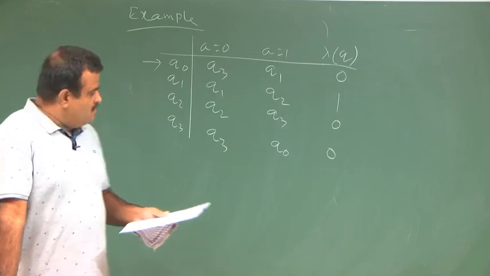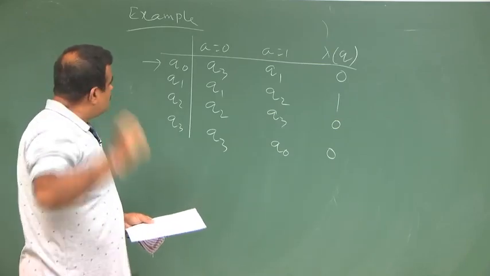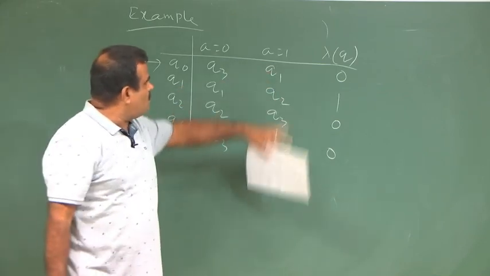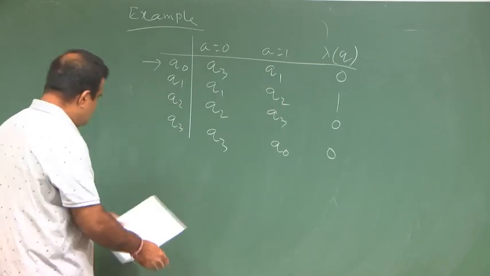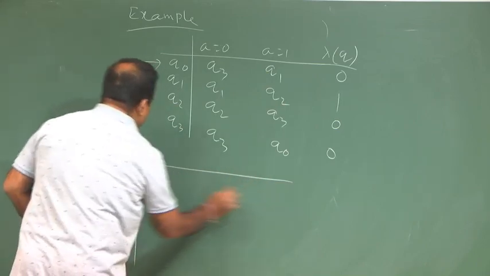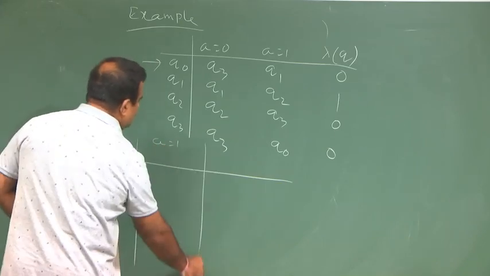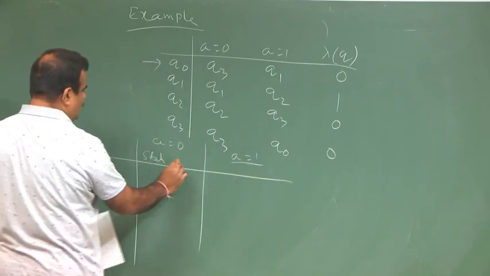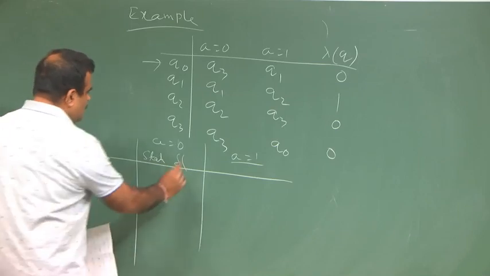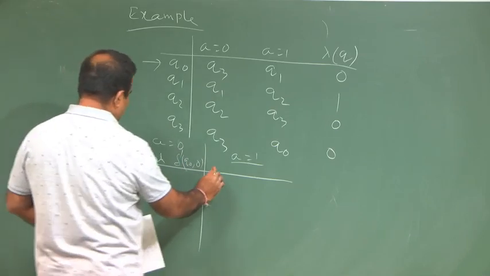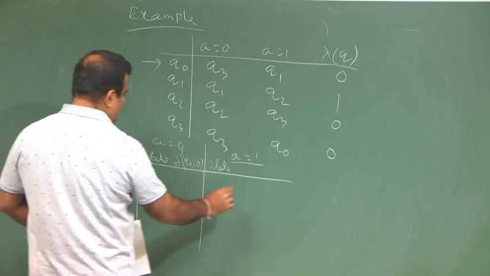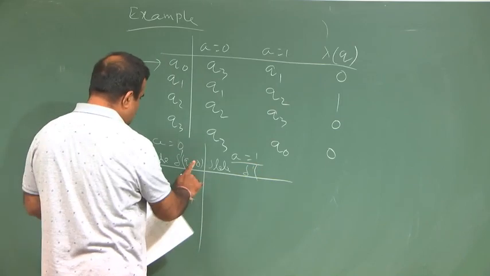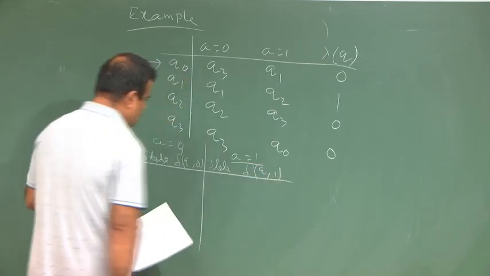Now we want to convert it into a Mealy machine. So what will be the equivalent Mealy machine? For the equivalent Mealy machine, we need to have the delta transition, I mean the lambda will be for the state and the input alphabet. So that is very easy. We can have a is equal to 0, a is equal to 1, and here we can have the state, and delta prime of q comma 0 and q comma 1.